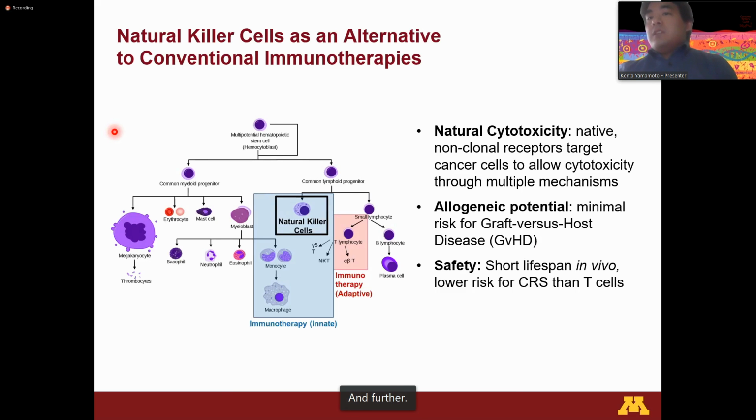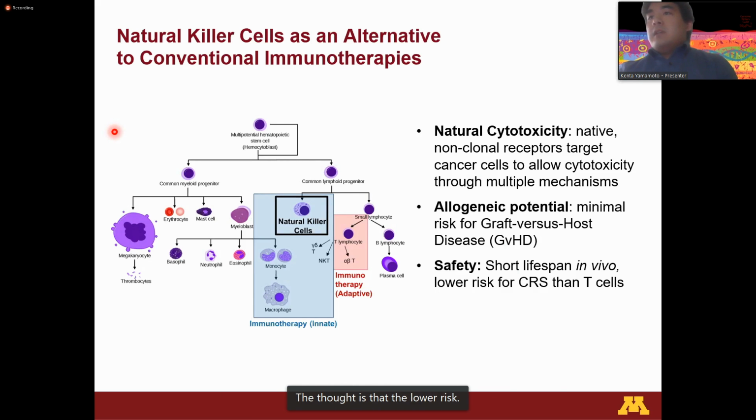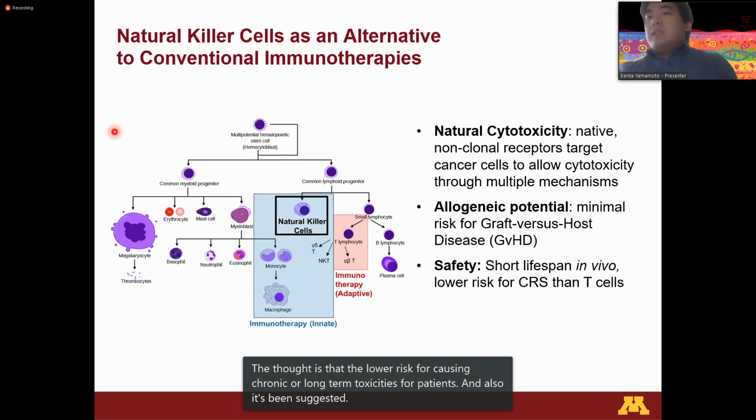And furthermore, in terms of safety, due to the relatively short lifespan of NK cells in vivo, the thought is that they have lower risk for causing chronic or long-term toxicities for patients. And also it's been suggested that NK cells pose a lower risk for causing cytokine release syndrome compared to conventional T cell therapies.